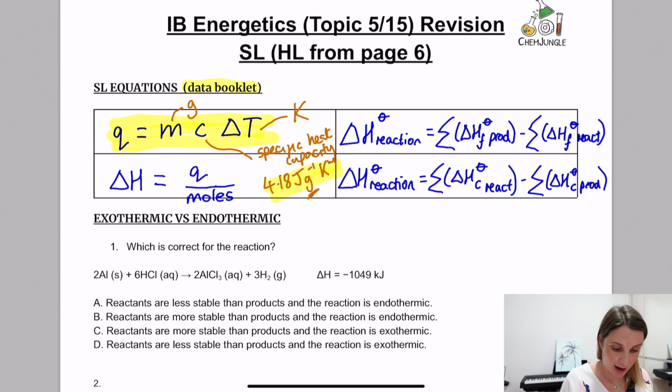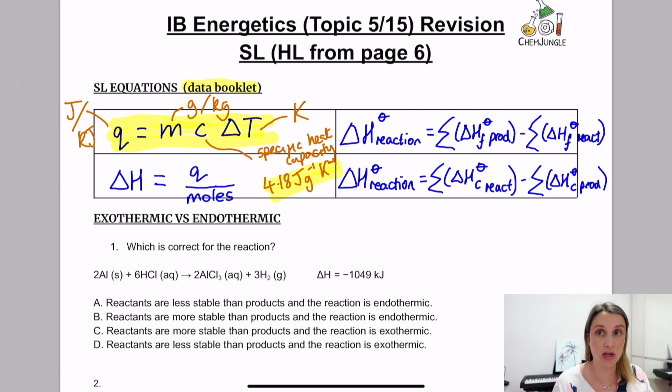I took the one in grams, which means the heat energy, or the Q, is going to be in joules. Equally, I could have had this in kilojoules and this in kilograms, and that would have also worked just fine. We'll look at some example questions with this one in particular, because people get confused as to which numbers go where, and I'll show you what I mean by that in a bit.